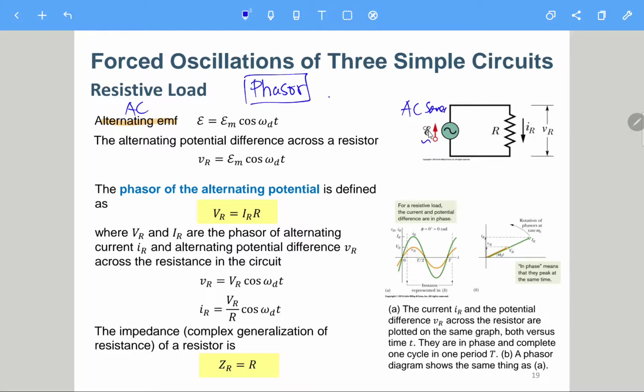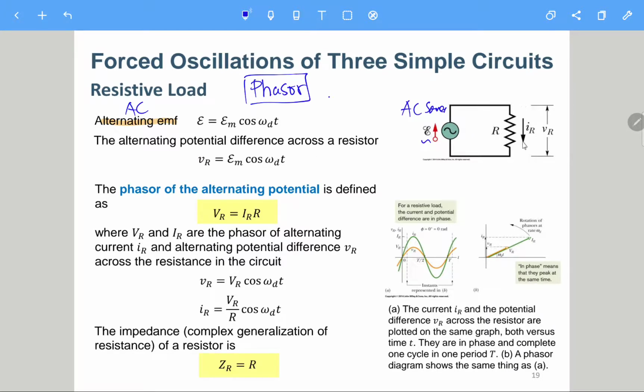It is just like when you have a socket, like that one. We have AC power, we have an AC source. So now we have an AC source in series with a resistor. This AC source is E_m, which is the amplitude, multiplied by cosine omega_d t. So omega_d is the angular frequency of the AC source.